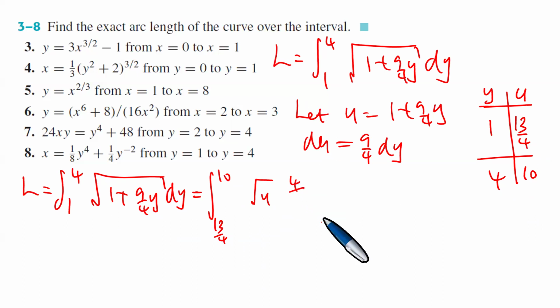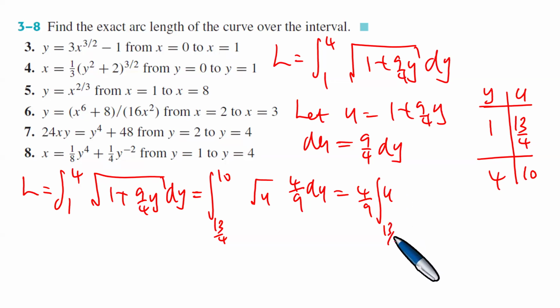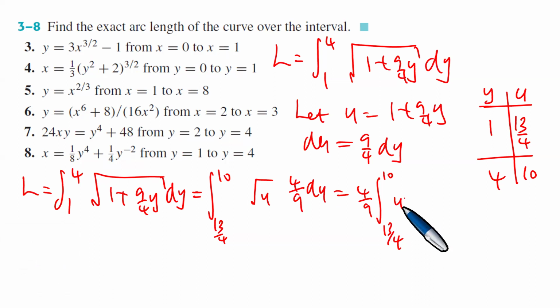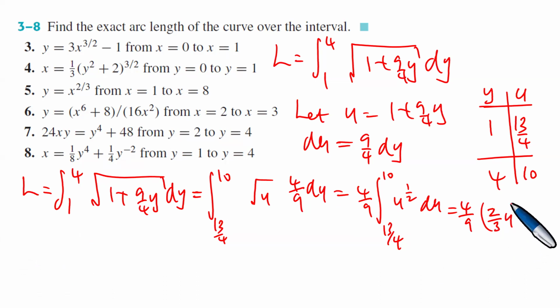That is exactly 4 out of 9 du. 4 out of 9, the integral from 13 quarters to 10 of u to the 1/2 du. 4 out of 9 times 2 out of 3.